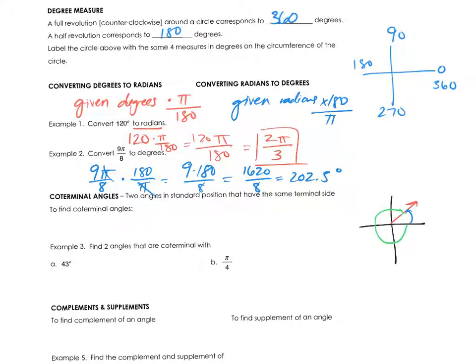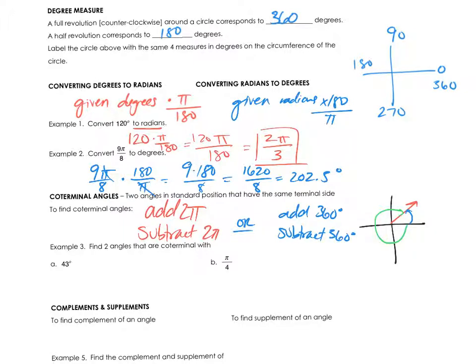So depending on if I'm in radians or degrees, to find my coterminal angles, if I am in radians, I add 2 pi or I subtract 2 pi. I could also, if I am in degrees, add 360 degrees, or subtract 360 degrees.